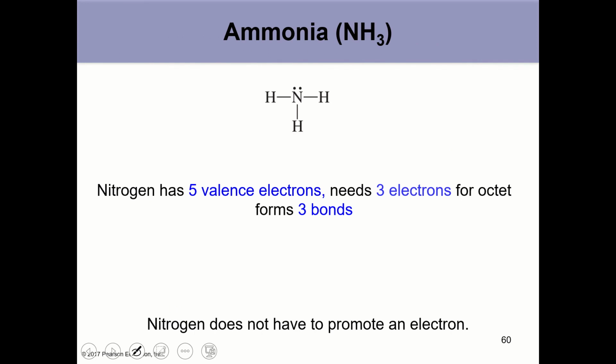So in ammonia, nitrogen has 5 valence electrons. It needs 3 more electrons for an octet, so it forms 3 bonds. 5 plus 3 is 8. So it's only going to form 3 bonds, and the number of bonds formed plus the number of valence electrons should add to 8.